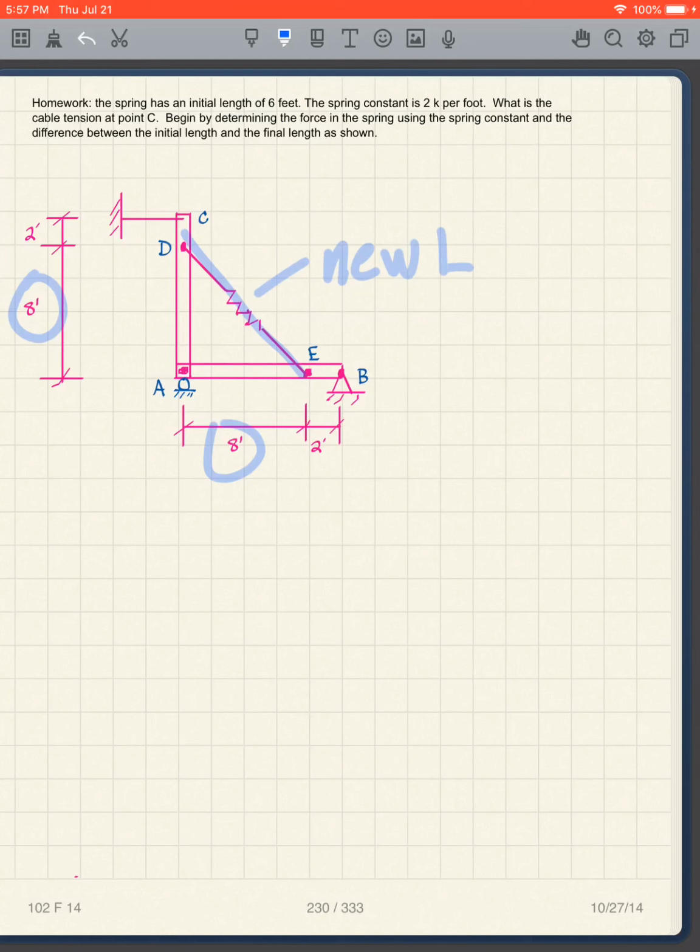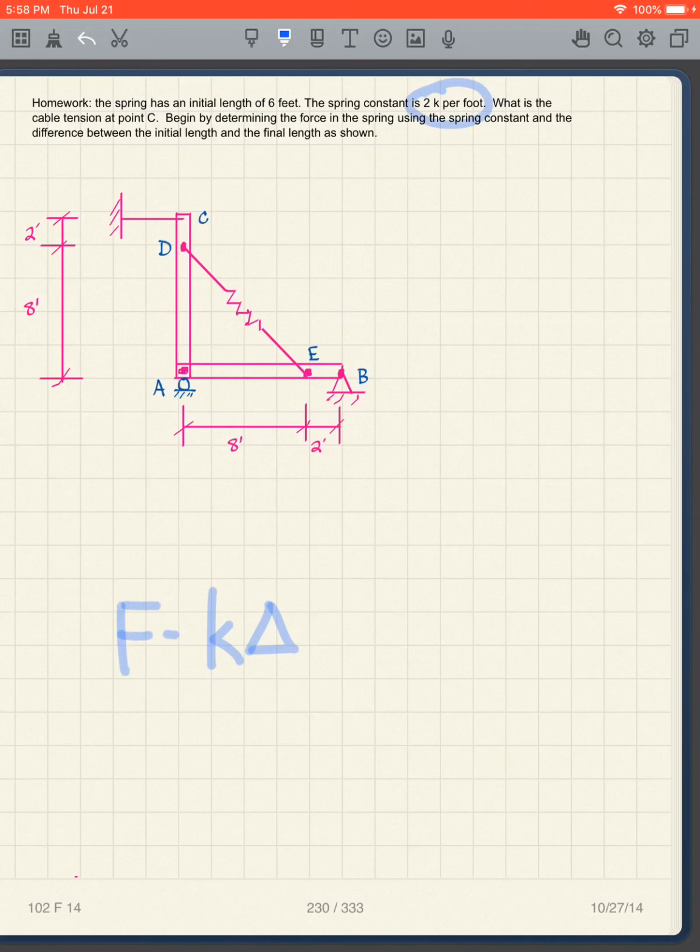I know that the difference between the new length and the original length gives me a delta, and then I've been given the spring constant K, and we all know that the force in the spring is K times delta. So with this particular problem, I can compute the force in this spring. So that's what the problem is telling us.